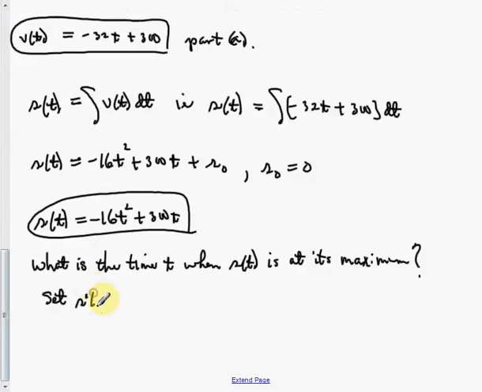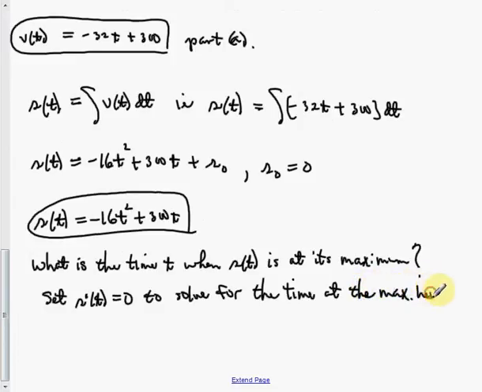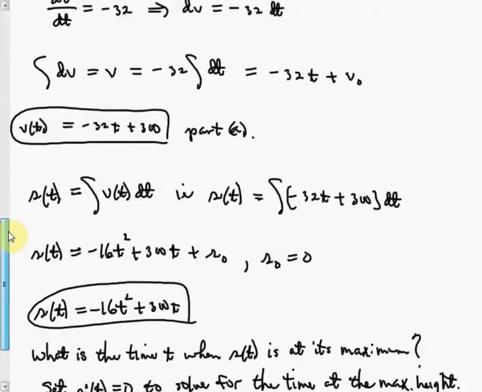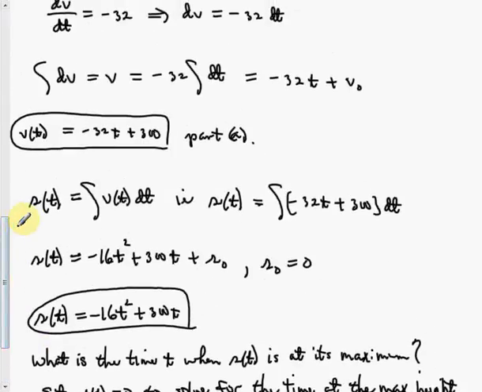So set s prime of t equal to 0 to solve for the time at the maximum height. But s prime of t is the same thing as which equation here?